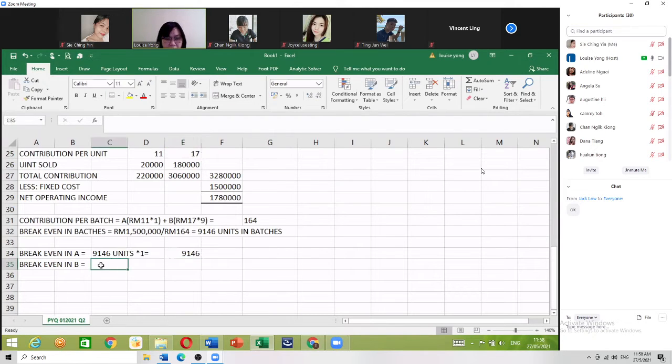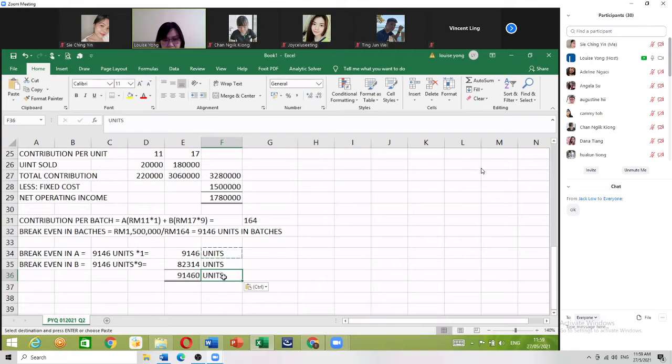Okay, number 2, part B here, so 9146 batches, here you need to multiply by 9. Okay, so 9146 times 9. Okay, then you total up. So this is in units.